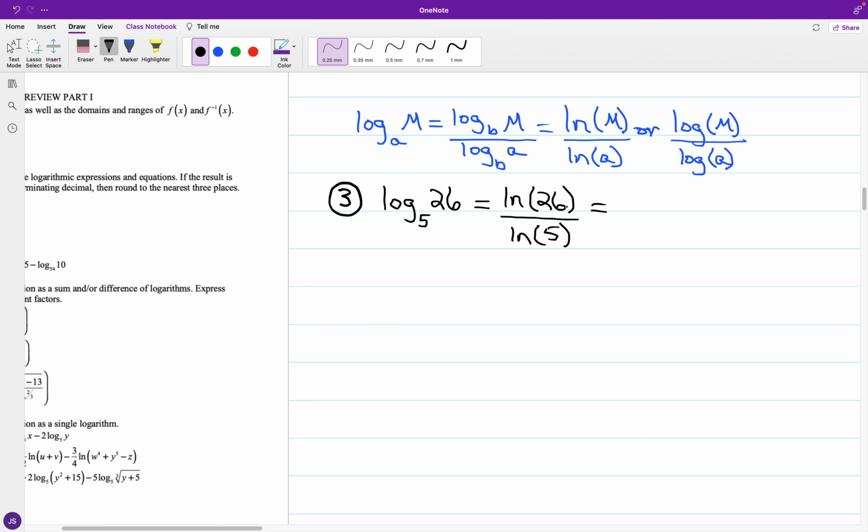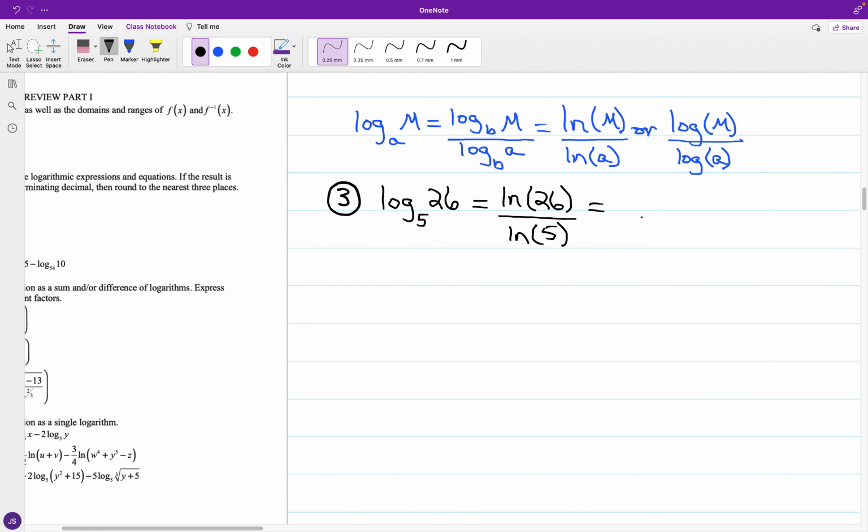And so in the case of the natural log of 26 over the natural logarithm of 5, this will come out to 2 point something. That's going to be about 2.024.